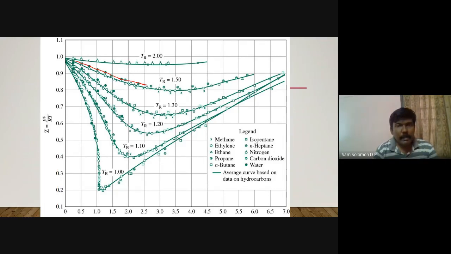With a circle and a cross mark, you have got another curve. Let me take black, and here you have a triangle. If you join all the triangles, you will get another curve.